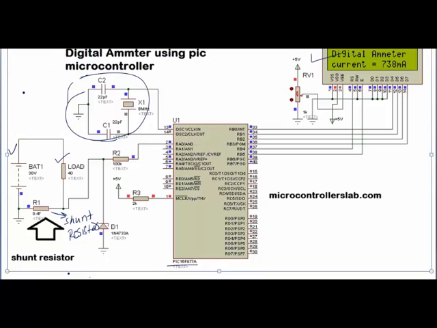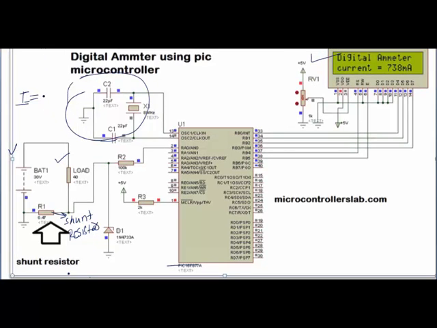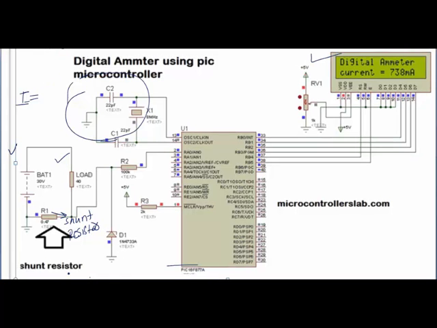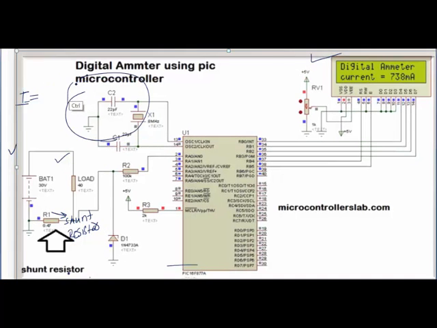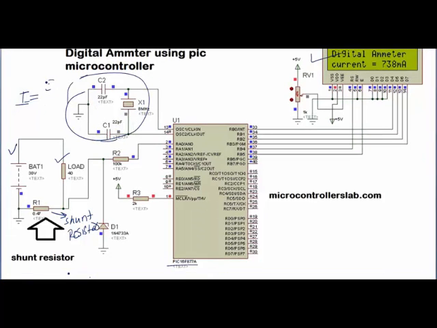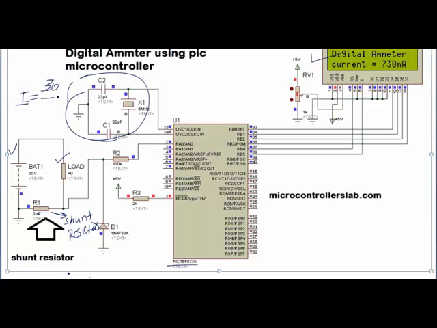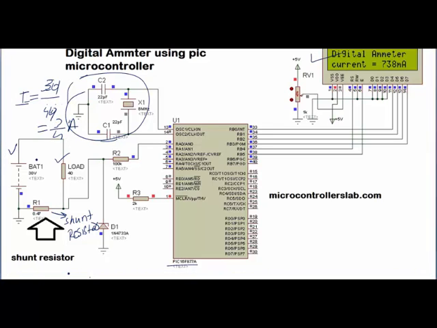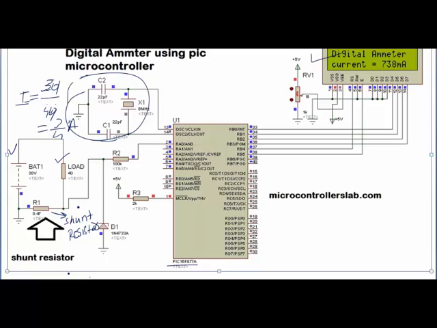Current I is equal to input voltage 30 divided by resistance 40, so the maximum current will be 3/4 ampere. So it will be less than 1 ampere.